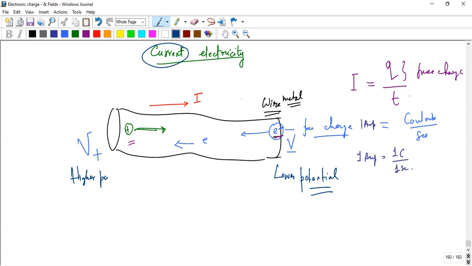So electron moves from lower potential to higher potential, and current moves from higher potential to lower potential, like a proton.